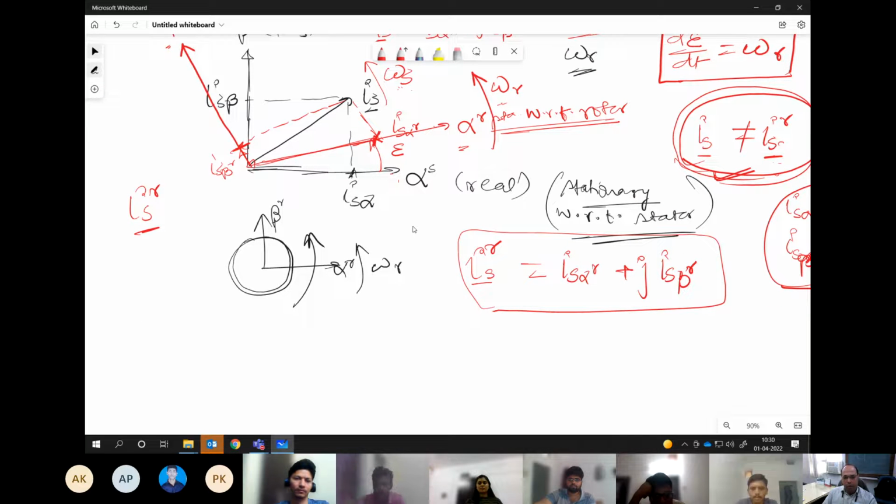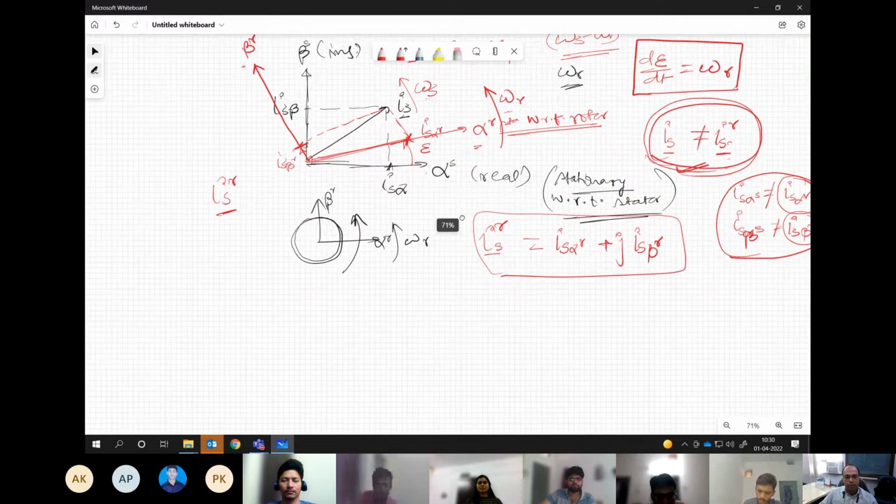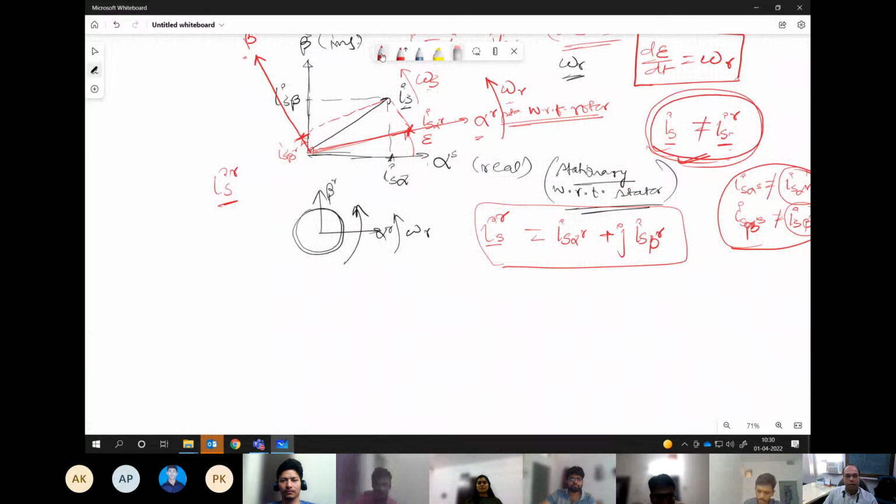Now, the simple way to obtain Is alpha r, the simple way to obtain that is you take Is r and express that in terms of the components on the stator alpha beta axes.